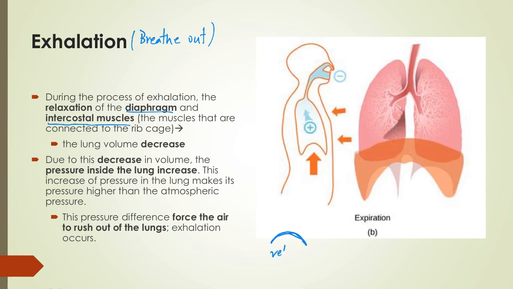This pushes towards the lung. At the same time, the intercostal muscles in the relaxed mode bring the rib cage backward and inward.